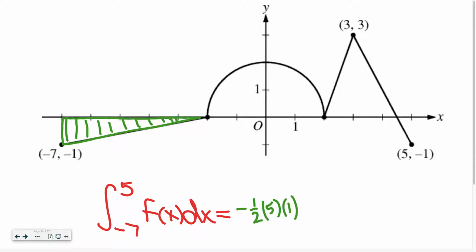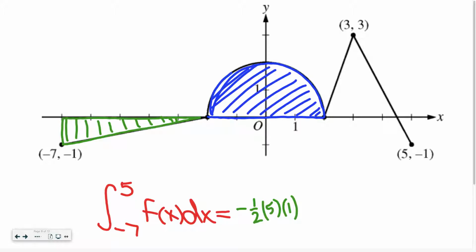Next, what do we have? A semicircle above the x-axis. What's the radius of that semicircle? So we have 1/2 of pi r squared.